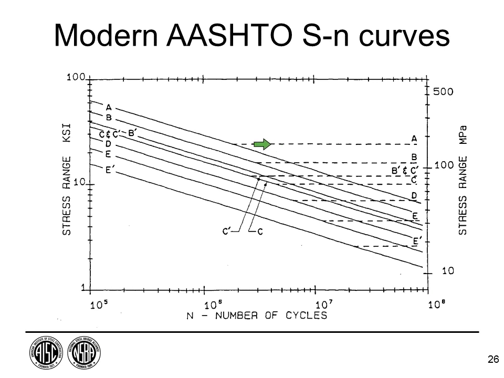And so for category A, which is our best detail, this fatigue limit is 24 ksi. And that says for that kind of detail, if I keep the stress range below that value, I would not expect to have cracking. But I also have some details that are very poor, such as the E prime detail. And this corresponds to a stress range of about 2.6 ksi.